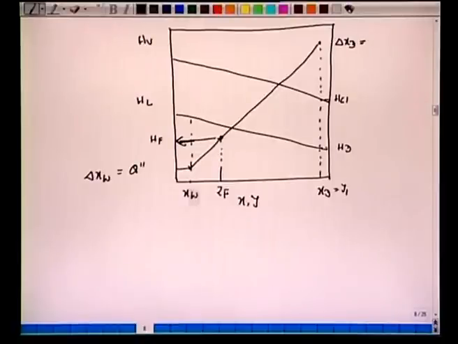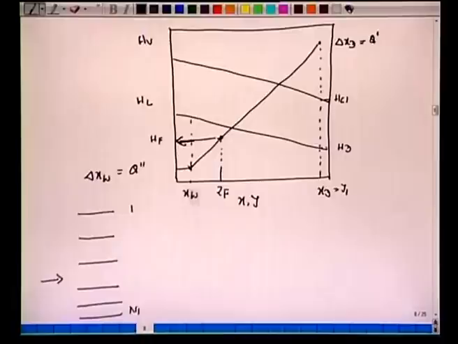So we have this Q dash and delta XD. Okay, now we are talking of plates here. We have been asked to find out how many plates are required, starting from 1, and we have this NP.